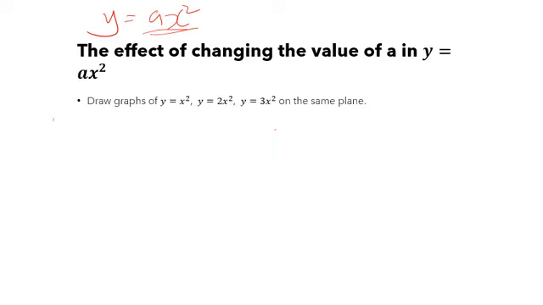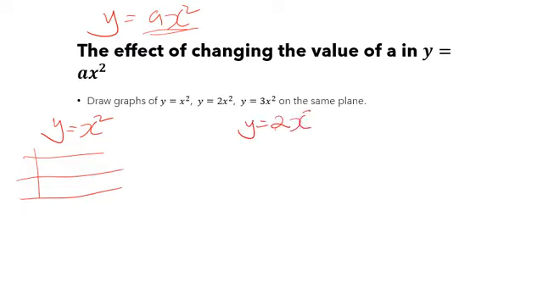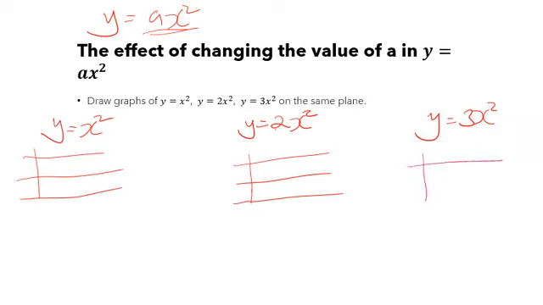We have function number 1, which is y is equal to x squared, and we can have this table of values. Then we have y is equal to 2x squared, and then y is equal to 3x squared, each with its own table of values.